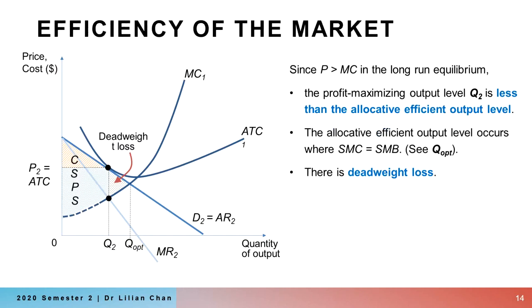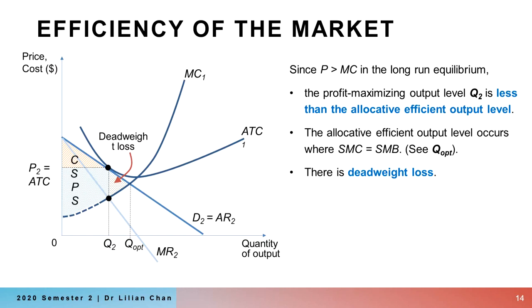So what about efficiency concerns? Implications on welfare? Well, it will be similar to that of a monopoly. The socially optimal, socially efficient, allocative efficient output level is Q opt. Please do not confuse the efficient output level with the efficient scale. They are not necessarily the same thing.